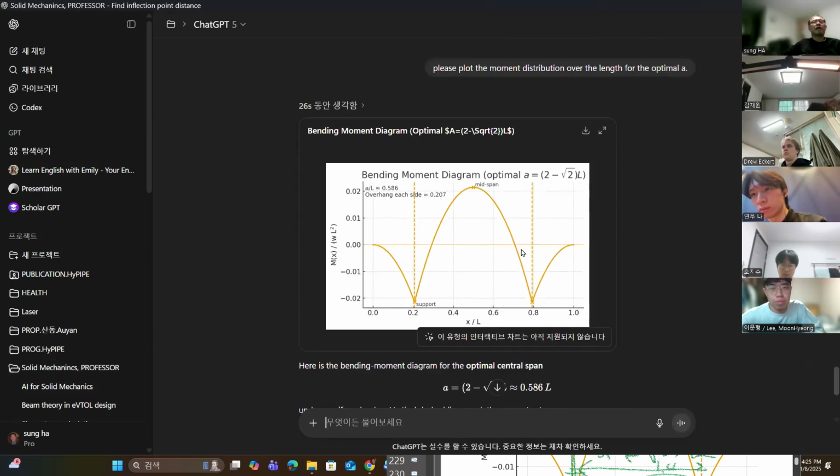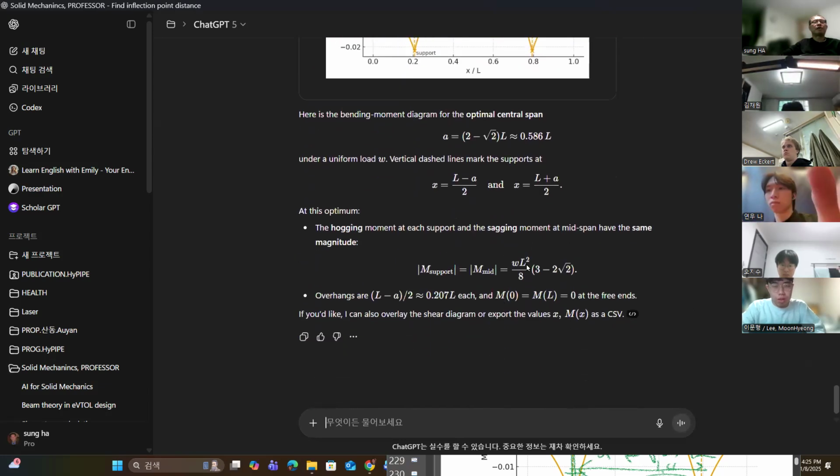Now, this tool can be used. You can use many other tools like Excel or Python and other computational and CAE tools, but this can be one of the tools.